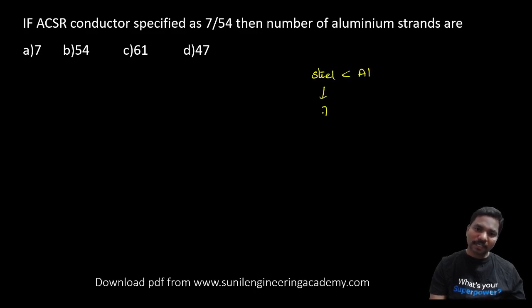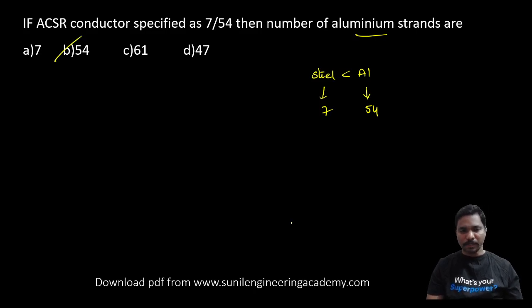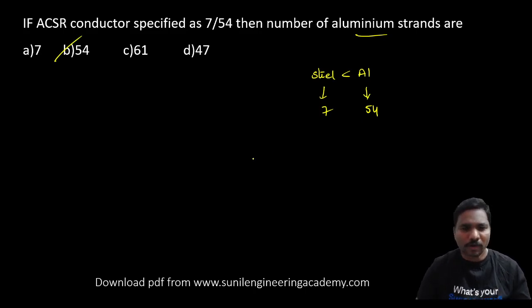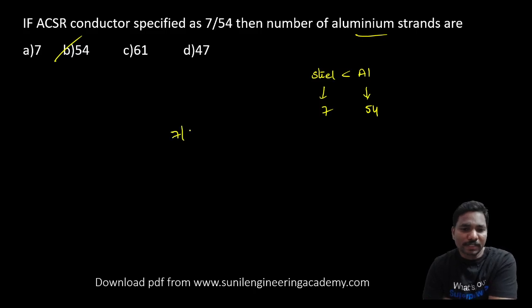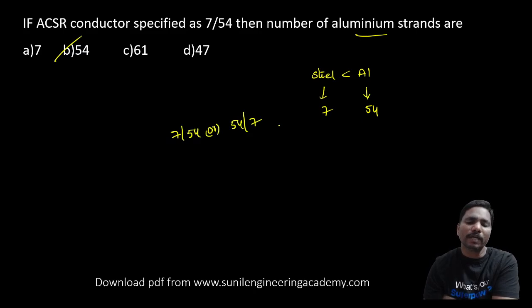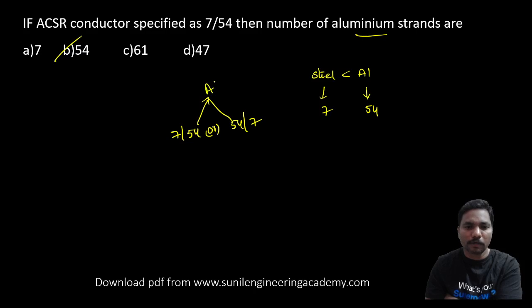So steel is 7, aluminum is 54. They are asking about aluminum, so we can give the answer as option B. A very easy question, guys. Whether they give 7 by 54 or 54 by 7, 54 belongs to aluminum, 7 belongs to steel.